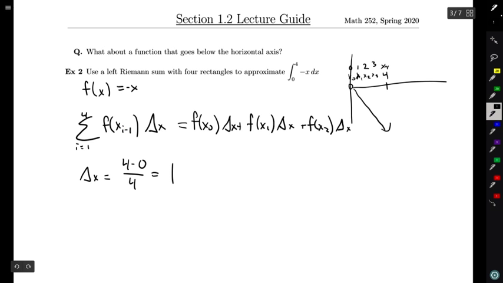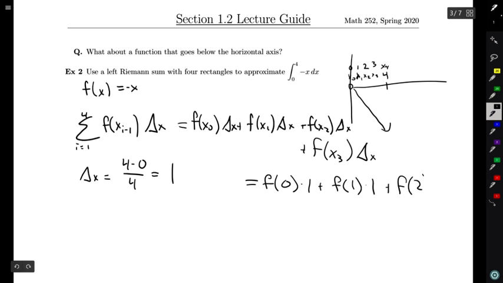So the last one that we're considering here is f of x3 times delta x. Now we know what all of these xi's are, and we know what delta x is. So this is going to be x0 is 0, delta x is 1, x1 is 1, delta x is 1, x2 is 2, delta x is 1, and x3 is 3, and delta x is still 1.